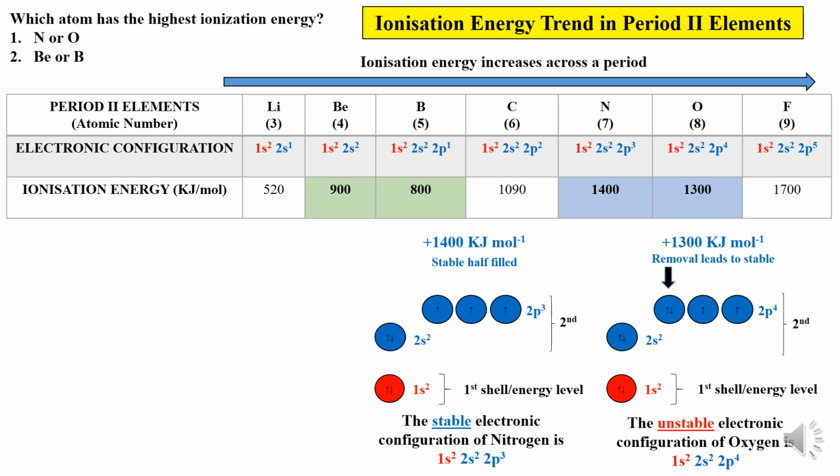So always look at what happens after removal of the electron. That is why less energy is required in case of oxygen. While nitrogen already has a stable half-filled electronic configuration, and therefore more energy has to be supplied; it is an energy demanding process.